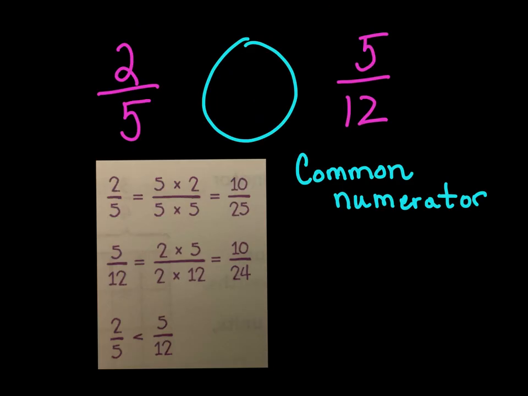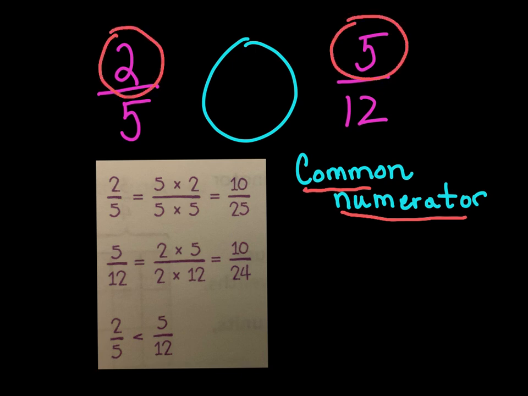2/5 greater than, less than, or equal to 5/12. And in here, we wanted to find a common numerator. We could have found a common denominator, but that would end up becoming very large. So we chose the numerator one. Numerator is the top part of the fraction.